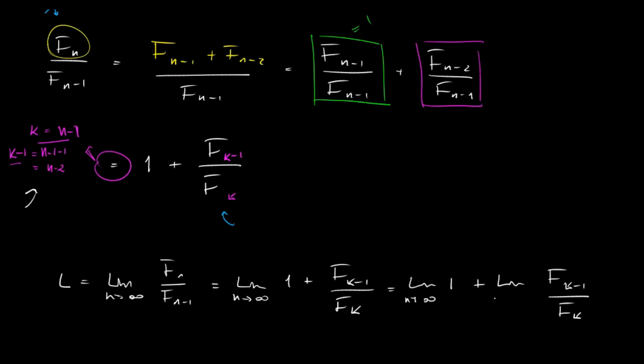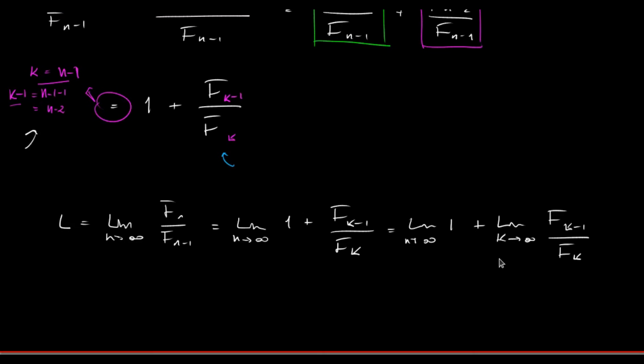And now this limit will be when k tends to infinity. But if we look at this, then this limit will be 1 plus, and this will be the inverse of this one, so it's 1 over L.